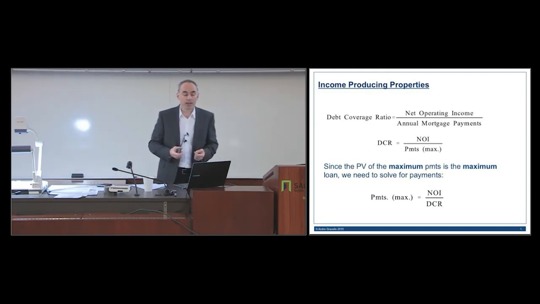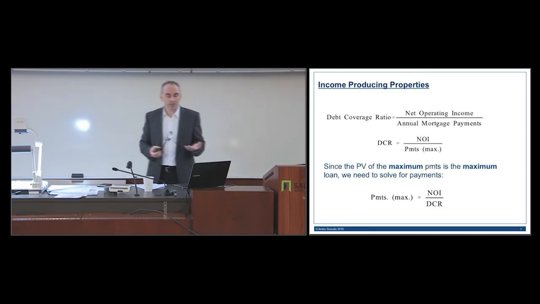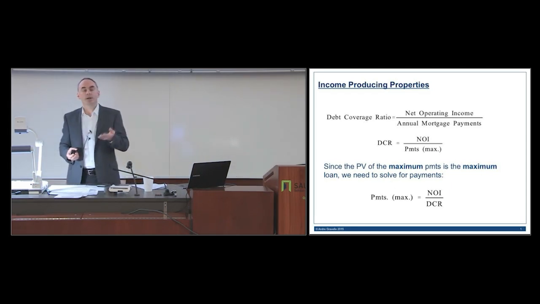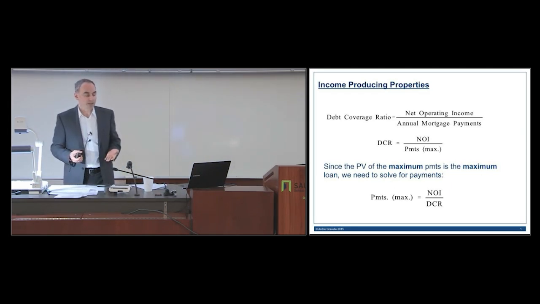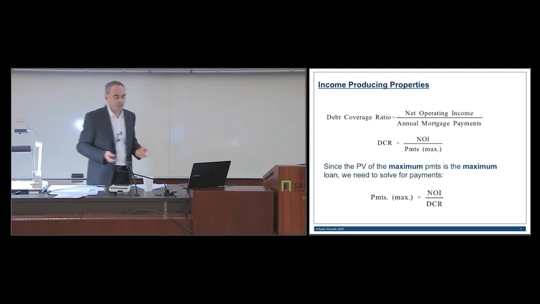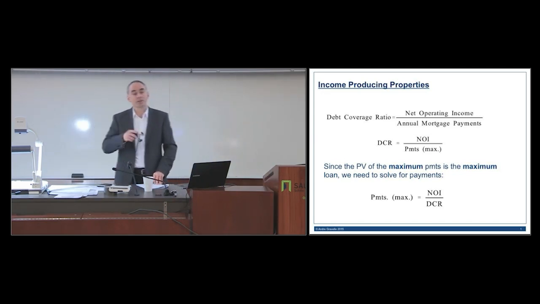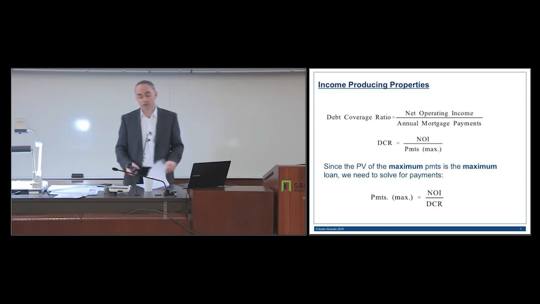This is the form that we get. So this is the form that's most commonly used in the questions that we get. The payments, which are the maximum payment, is equal to the net operating income divided by debt coverage ratio. So that's what we'll use most often. So that's one of the equations or formulas that you do need to know.